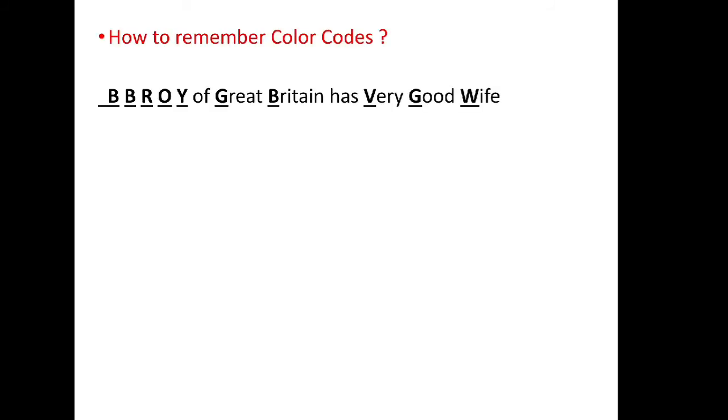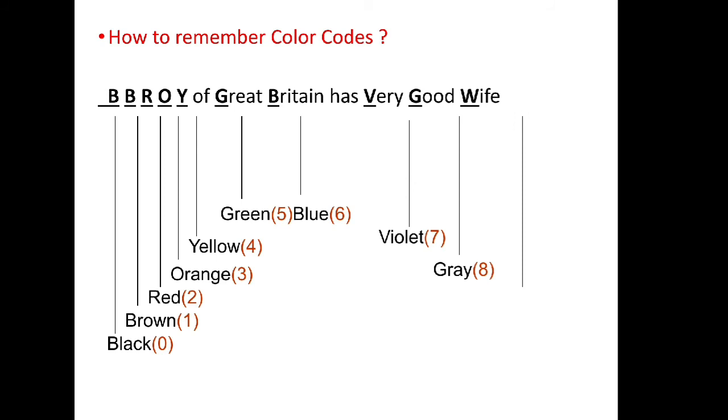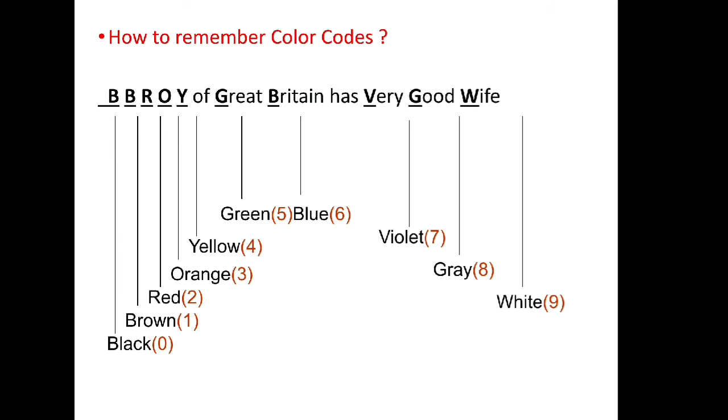So how to remember these color codes? There is a very well known phrase: B.B. Roy of Great Britain has very good wife. The first B indicates black, the second B indicates brown, R indicates red, O indicates orange, Y indicates yellow, G indicates green, in Britain B indicates blue, in very V indicates violet, in good G is grey, and in wife W is white.